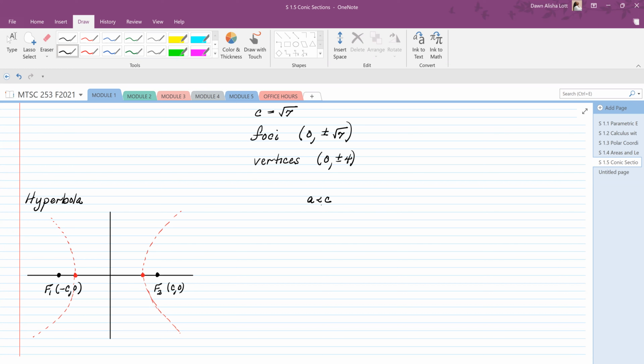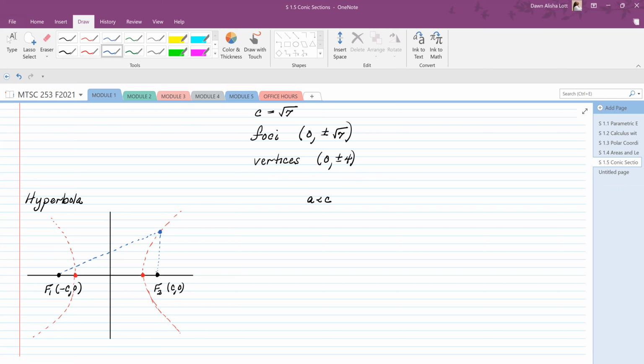So I want all the points on the curve that the distance to this point on the curve, I want that distance to remain constant. Okay, and how long is that distance?